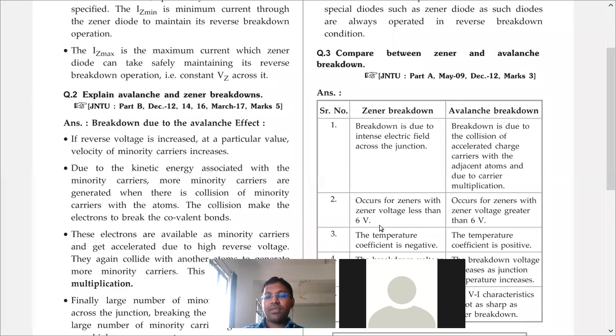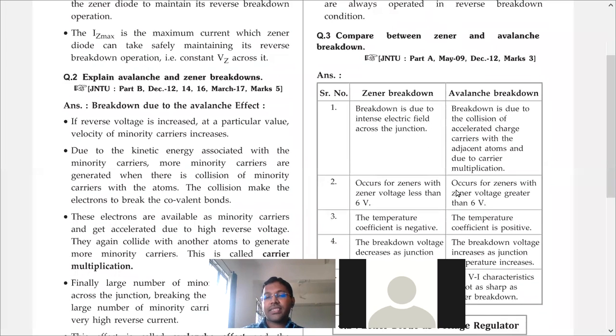Avalanche breakdown occurs if it is greater than 6 volt. For example, if you have a Zener diode with breakdown voltage of 6.2 volt, then you say that the breakdown is due to the avalanche mechanism.